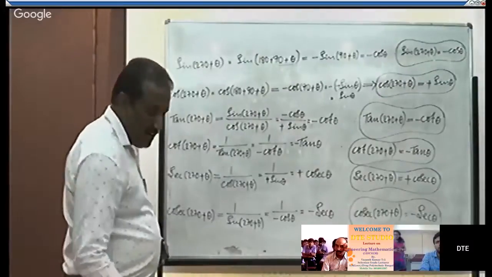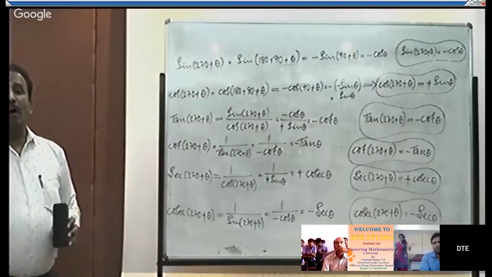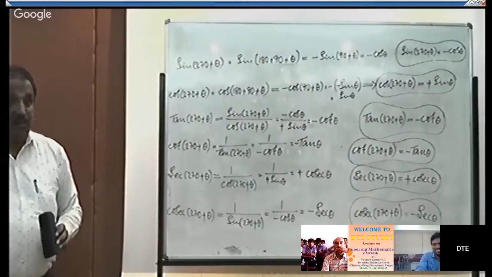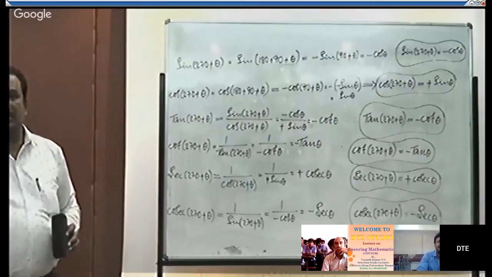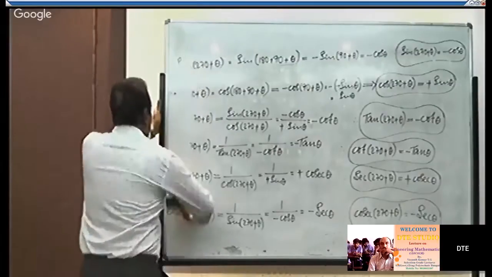Let us try to connect again by following the same convention. All the trigonometric functions for an angle 360 minus theta with those of theta.